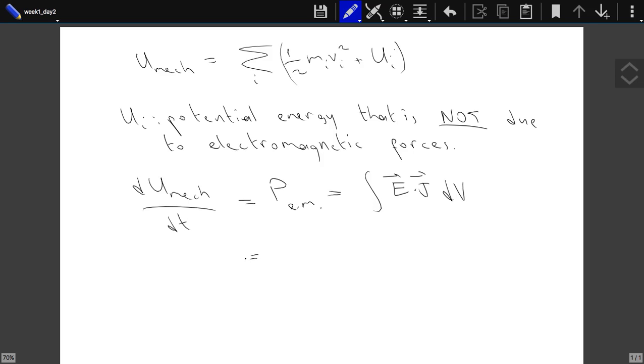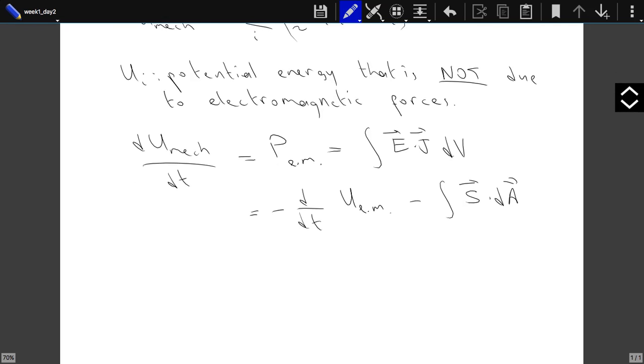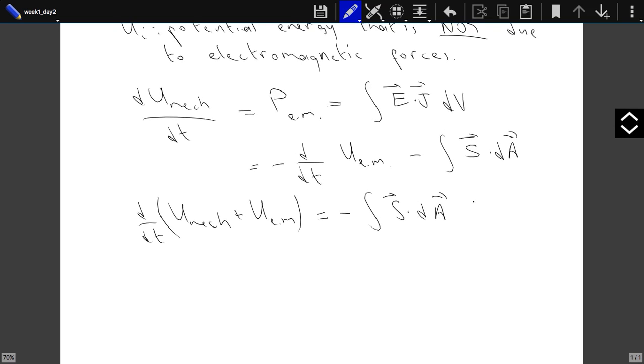And we had seen that this we could write as minus d by dt of some scalar function, minus the surface integral of some vector. And then we said that d by dt of U mechanical plus U electromagnetic is equal to minus S dot dA.